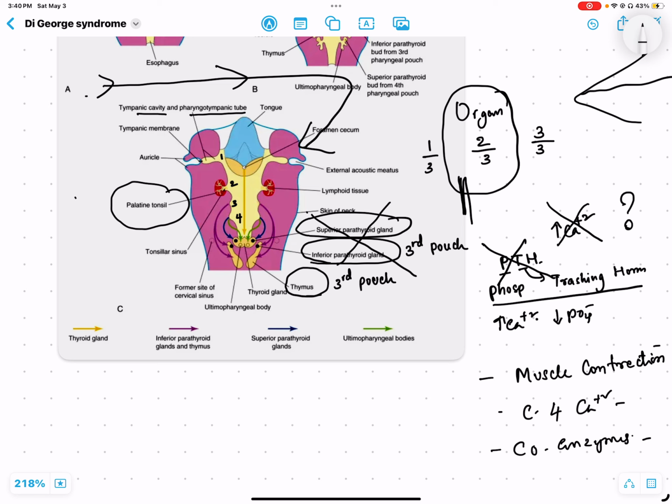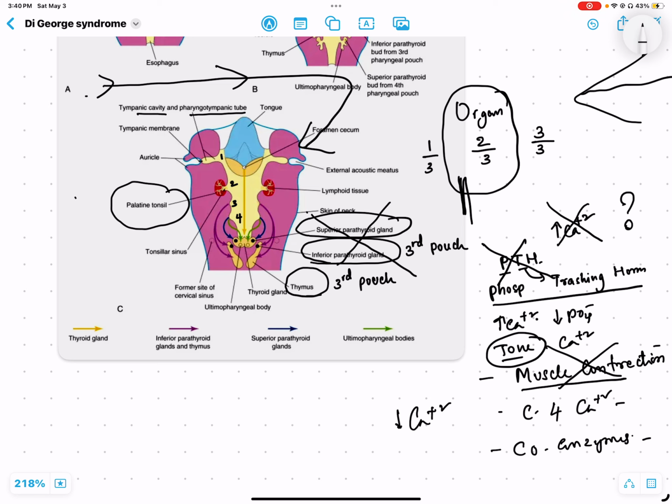So all these important domains don't get calcium because the parathyroid gland is not formed, due to this third and fourth pouch defect in DiGeorge syndrome. Whenever that is there, what do you see? You have no contraction or tone in your muscles, because even to maintain tone you need calcium.